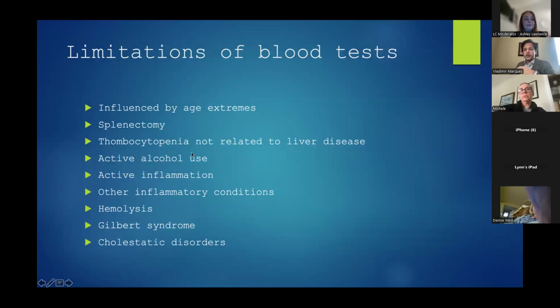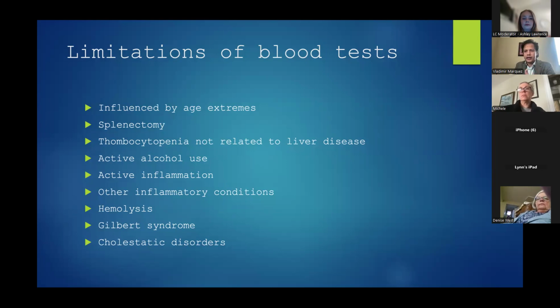There are limitations for the blood test, and these are the types of limitations. They are influenced by age extremes, so less reliable in very young people and very old people. If you have had some form of surgery to remove the spleen, it will also impact the platelet count.